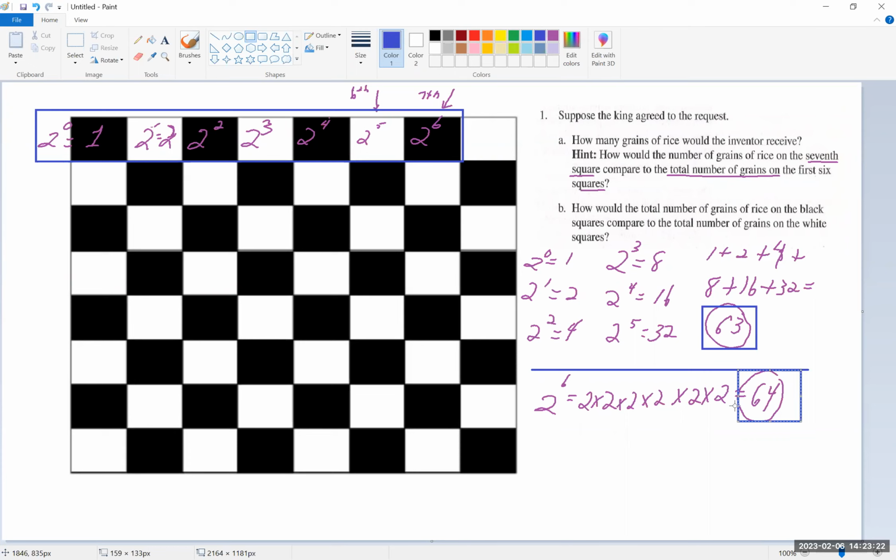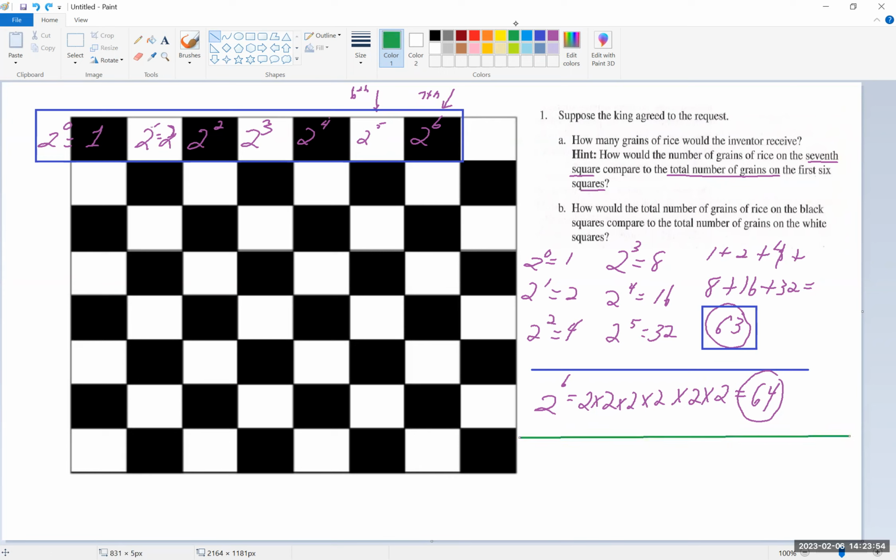So let's take that another step to see. You may already see the pattern that is sort of being generated here.